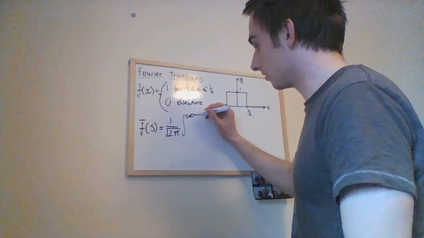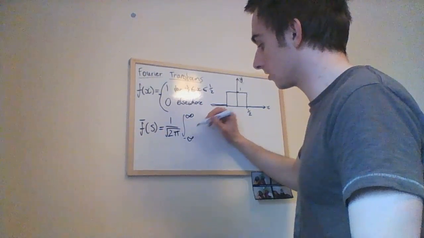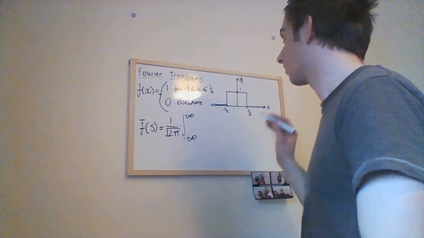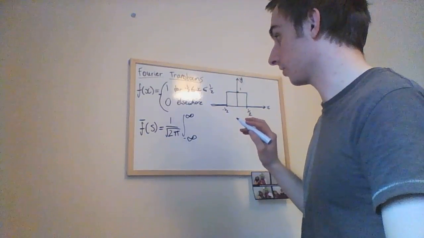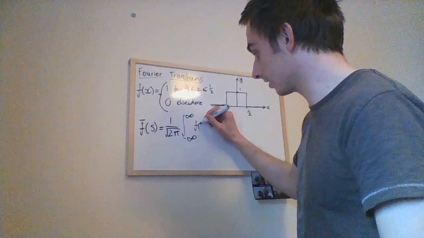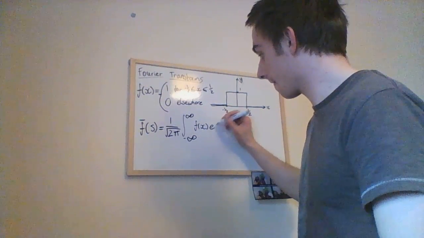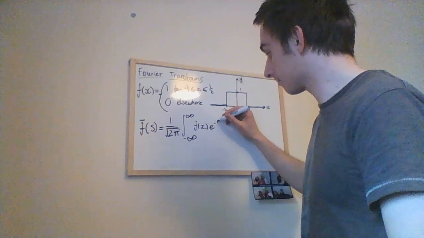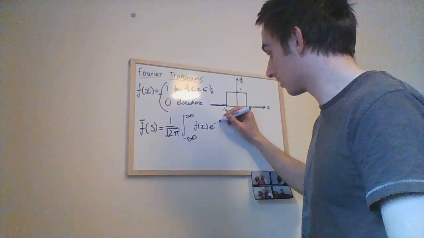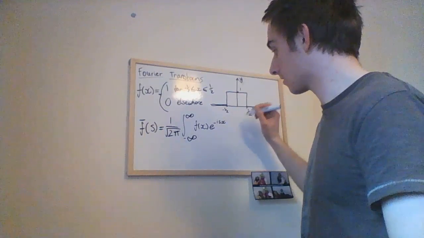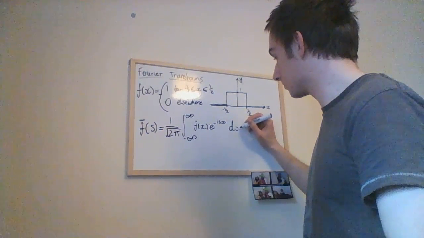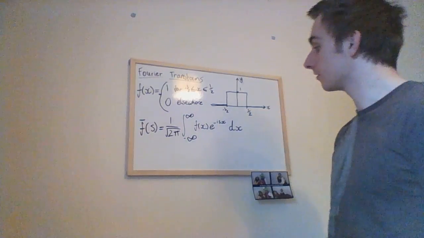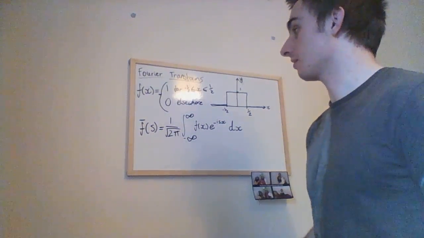And we have an infinite integral, multiplied by the function of x, e to the minus s x, and I'll differentiate with respect to x.